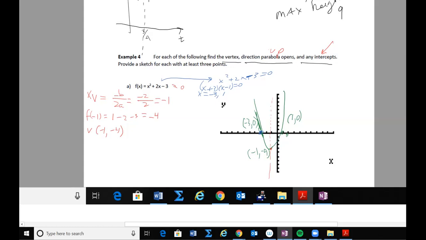Notice on that problem, we never did worry about the whole vertex form. We didn't go that route. We used our minus b over 2a form, the fact that we know it opens up, and we found a couple of intercepts to get our graph.